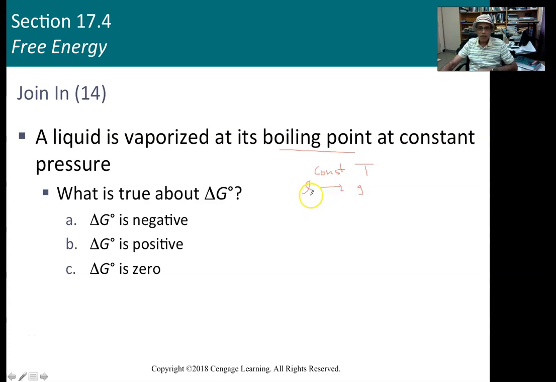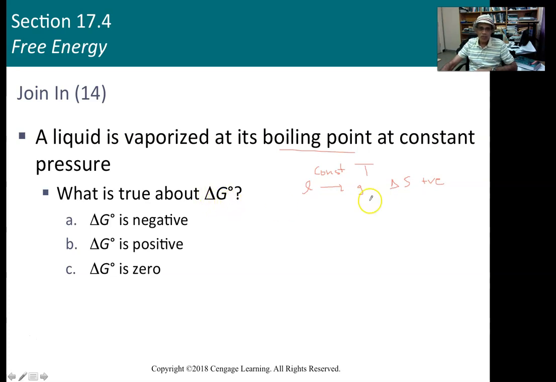So in other words, the entropy change here should be positive. So delta S should be positive, right? Now, what is the relationship then? What is true about delta G at this point?